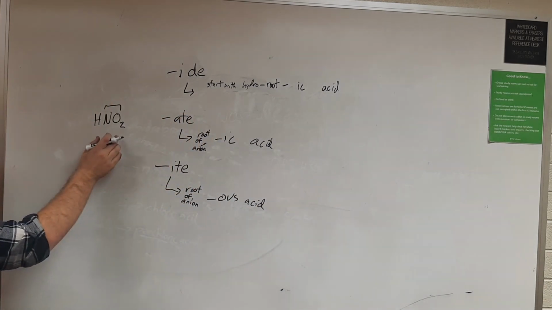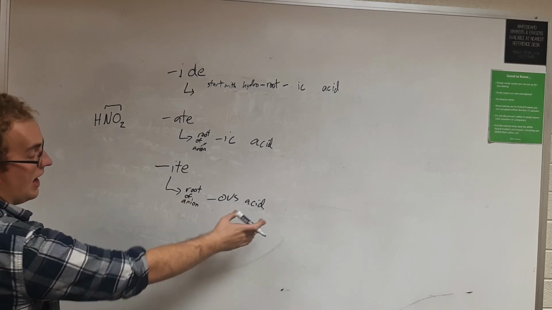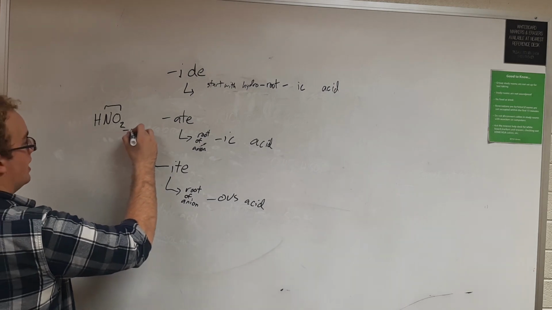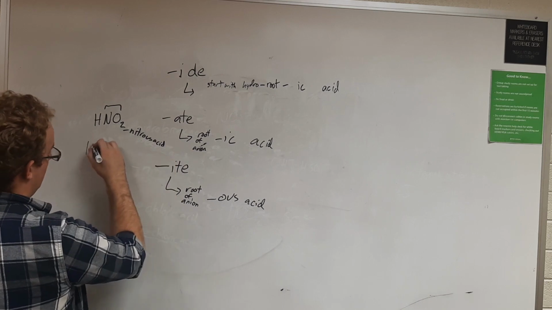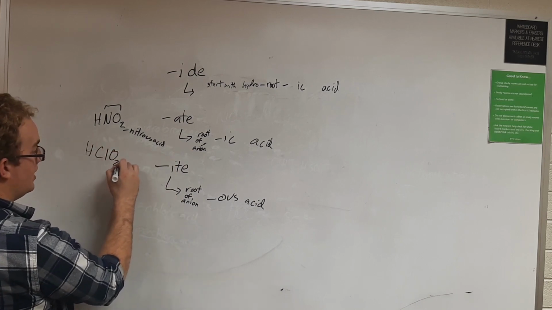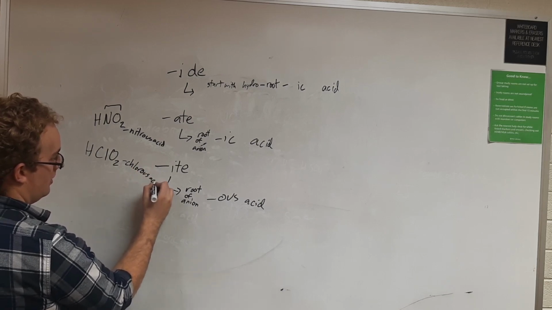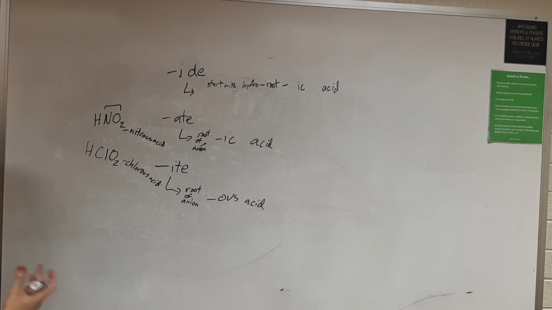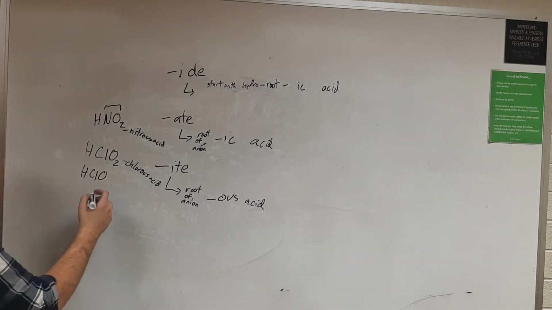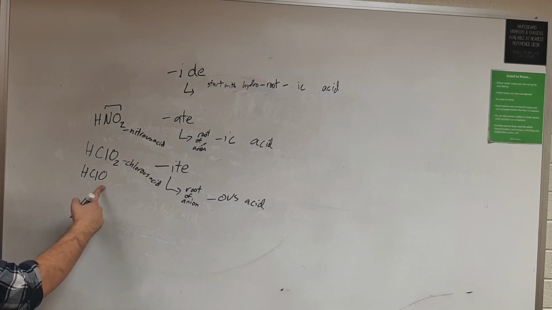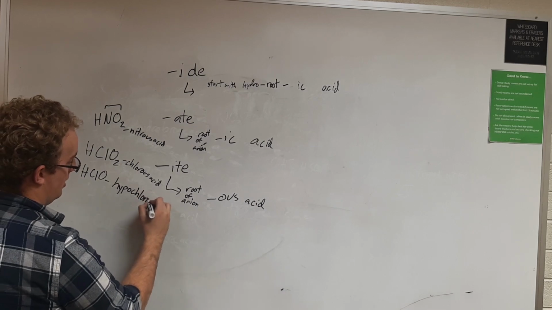So instead of being nitrate, this is nitrite, so we do nitrous acid. This is nitrous acid. Or like this with chlorite, this becomes chlorous acid. And just like the other prefix, perchlor, now if we do HClO, this is hypochlorite, right? This is hypochlorous acid.